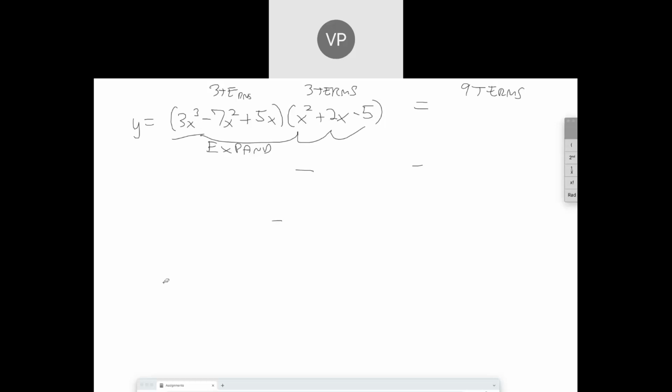You got to take the negative 7x squared and multiply to every one of these. You got to take the 5x, multiply to every one of these. That's why you end up with 9 terms. Okay, and that's where I was talking about, where it starts to get a little bit out of hand, and you're going to get powers all the way from 5 down to a constant. You have all these terms, you're going to get 9 terms that will probably condense down to about 5 or 6 terms, and then you take the derivative.